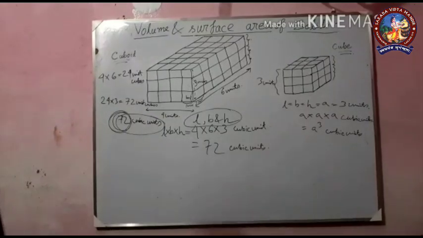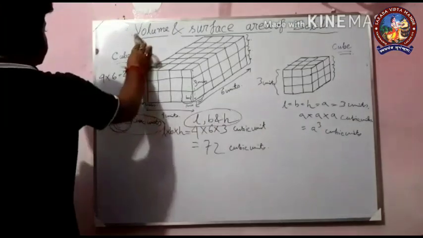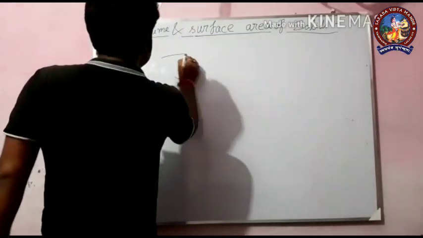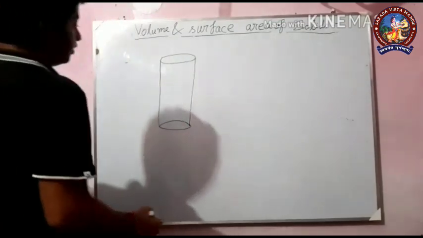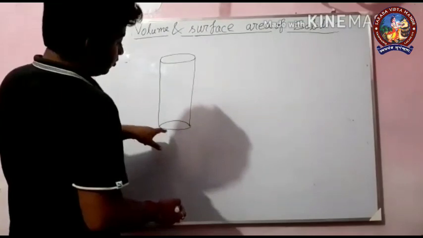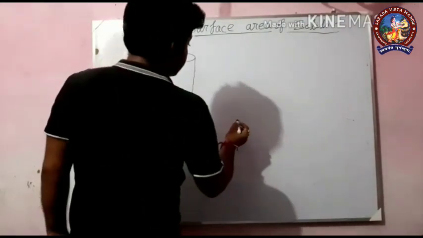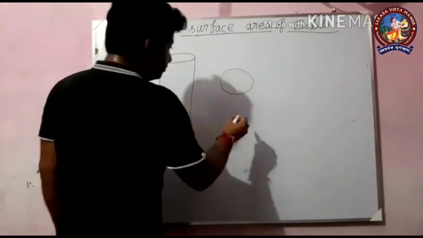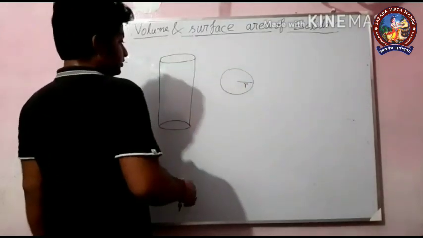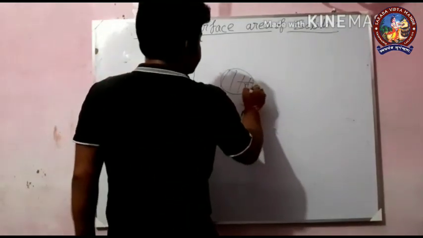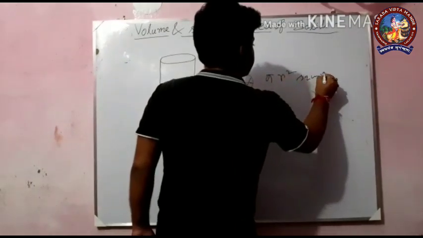now for the case of cylinders, suppose this is a cylinder. Here at the lower circular surface at the bottom we have a circular surface, and if r is the radius of the circular surface, so the area is pi r square unit, right?